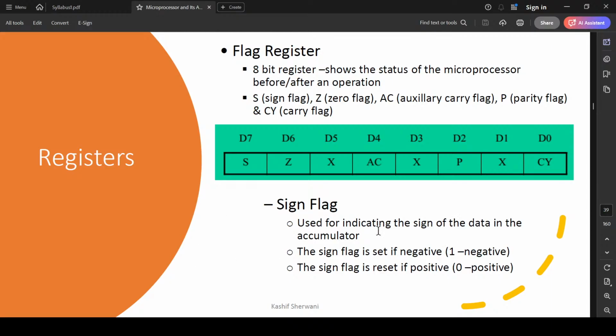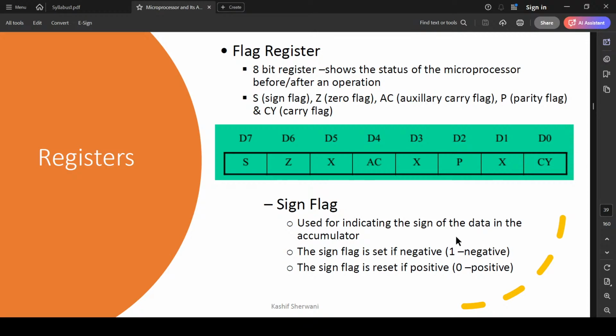So, 1, 1, 0, 0. Wow, sir, we can represent everything, even the sign with the use of 1 and 0. So, if the value of the first bit is 0, it means the answer is positive. If the value of the first bit is 1, the answer is negative, sir.